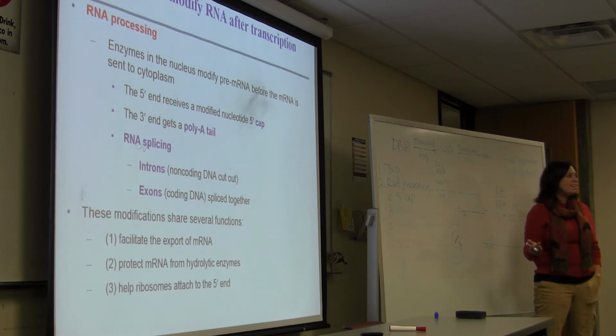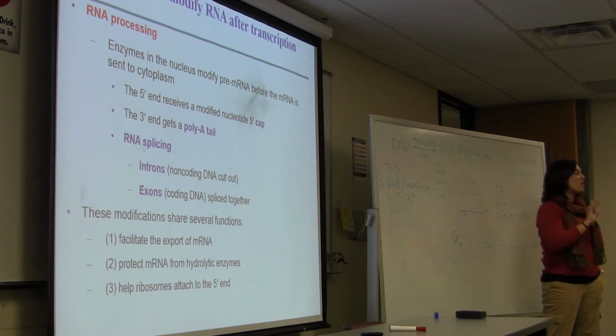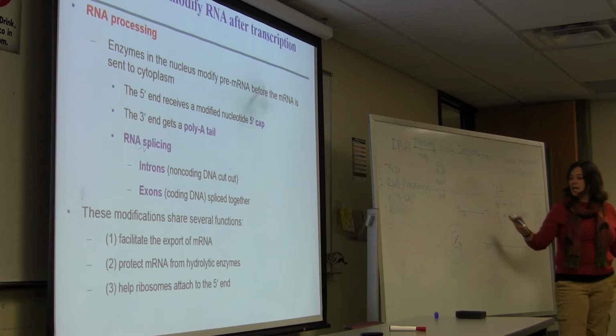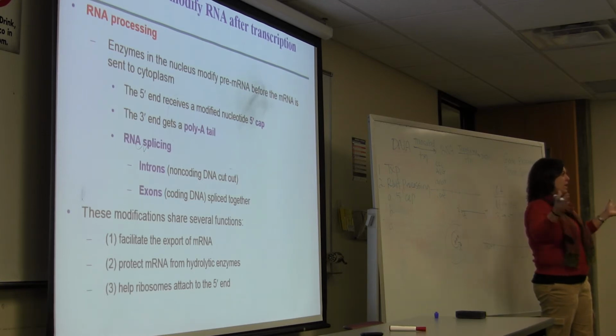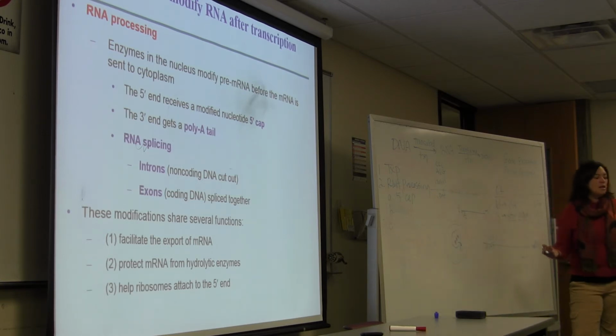But if I did the same thing with RNA, it would be degraded within probably a few minutes. So you have to be very careful with RNA because there's all these enzymes in the cell that can break down your RNA. We actually have enzymes called RNases that break down RNA. It's all over us. It's all over our fingers. So it's difficult to work with RNA in a lab because you're capable of degrading it all the time.